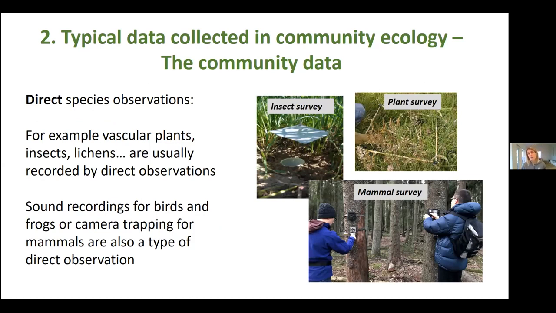Some other times we may use sound recorders or camera traps to record birds and frogs or mammals. And let me note that this is a kind of direct observation, because we will observe them from the photos that we take or from the recordings that we make.